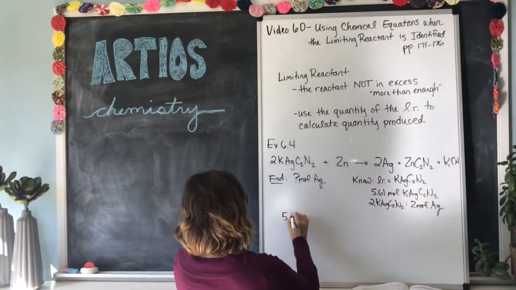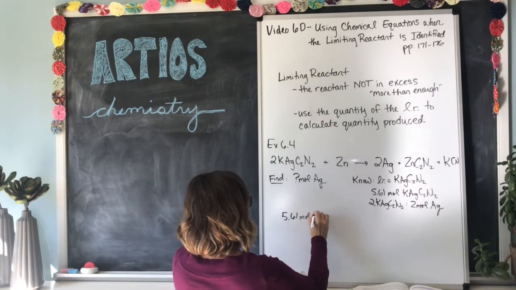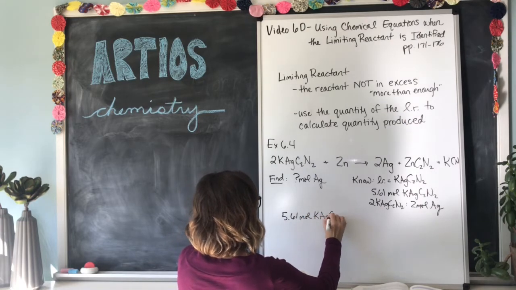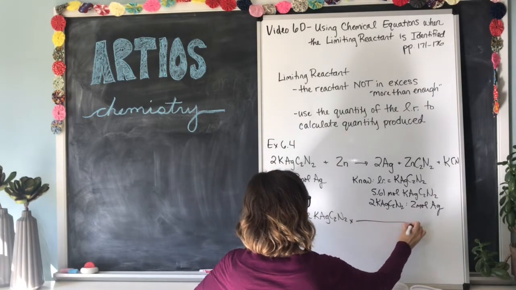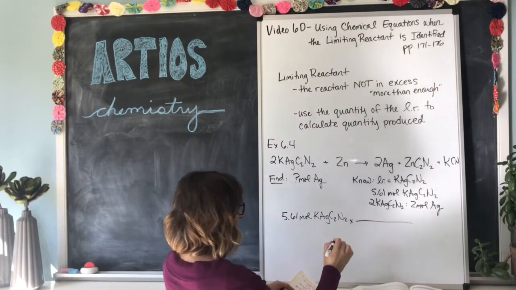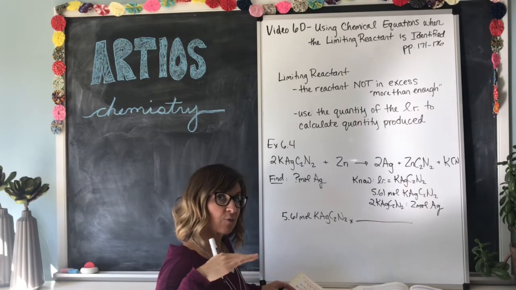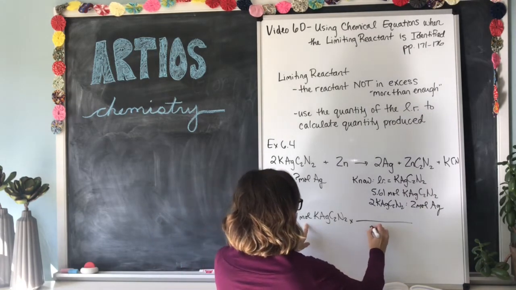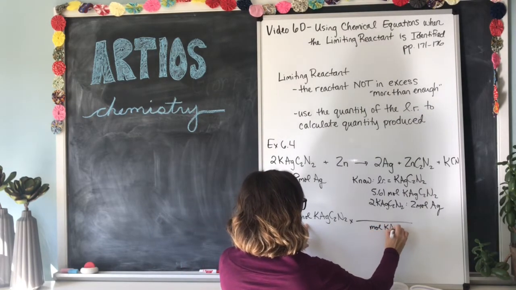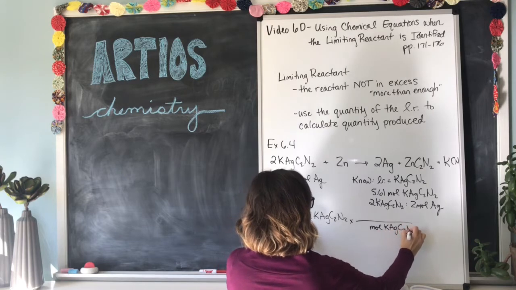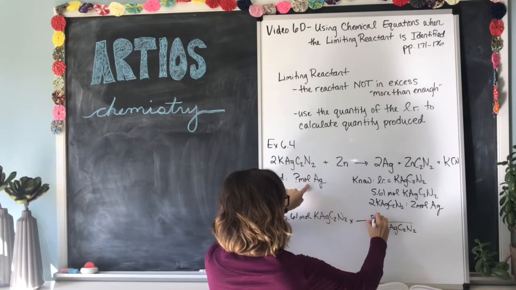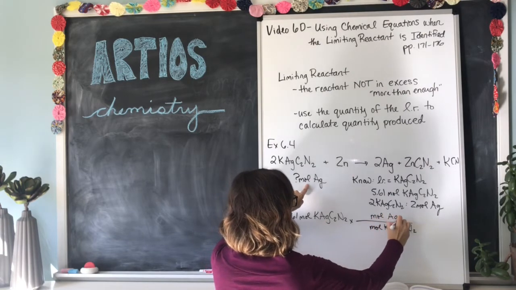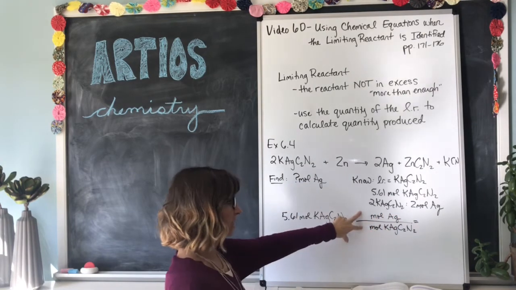So we have 5.61 moles of KAgC2N2, and we're going to multiply it by the ratio. Okay, using the factor label method, the units we want to get rid of go on the bottom. So moles of KAgC2N2 go on the bottom, and we are looking for moles of silver, so that goes on the top. And then we plug in the numbers.